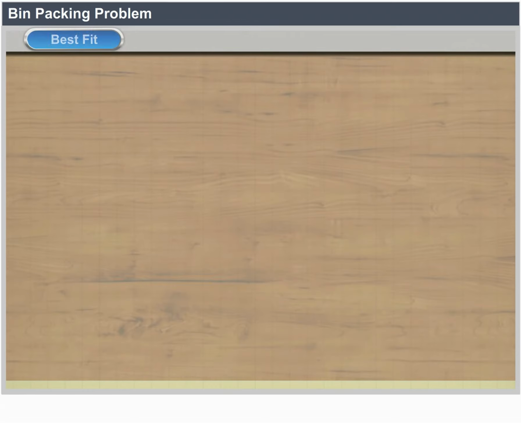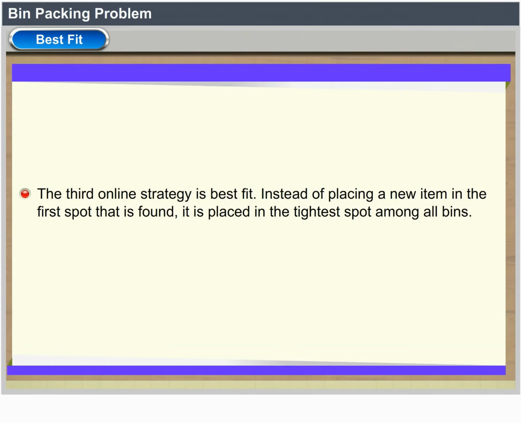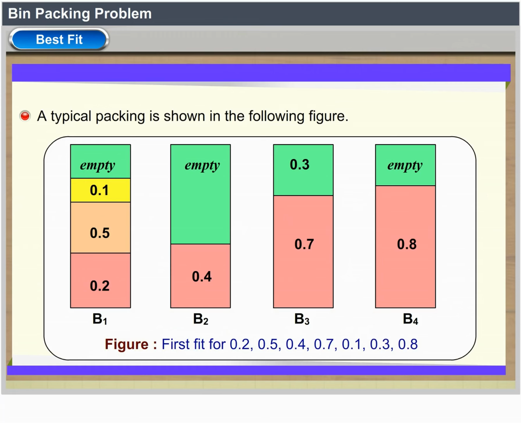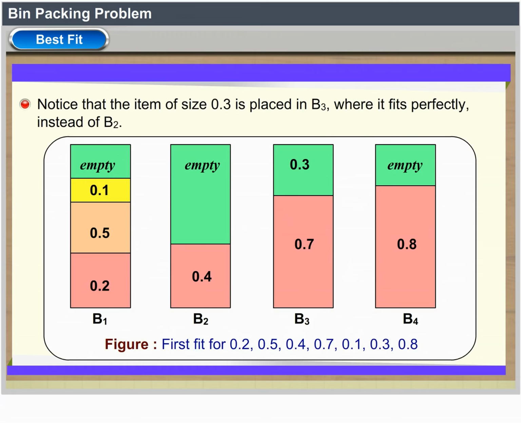Best fit. The third online strategy is best fit. Instead of placing a new item in the first spot that is found, it is placed in the tightest spot among all bins. A typical packing is shown in the following figure. Notice that the item of size 0.3 is placed in B3 where it fits perfectly instead of B2.